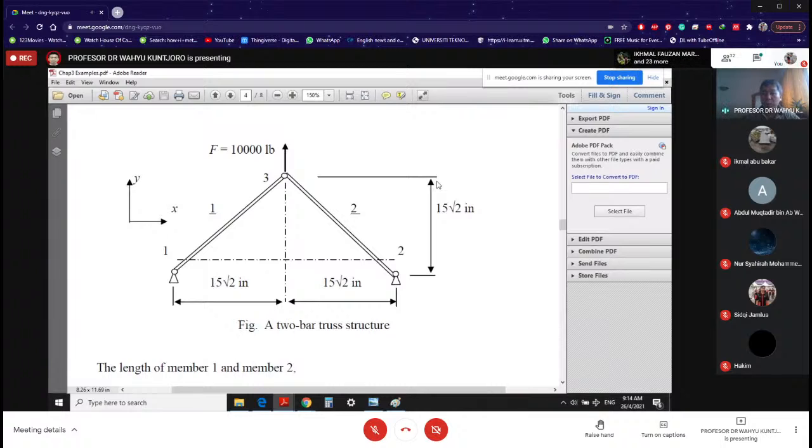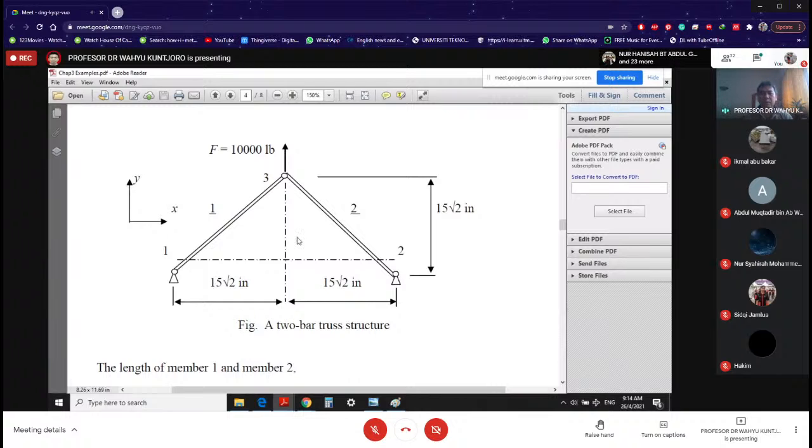That means, by the way, be careful, this 15 square root of 2 is not the length of the element. So the length of element number 2, for example, you need to do Pythagoras, based on these dimensions, and then you can find the actual length of your element.